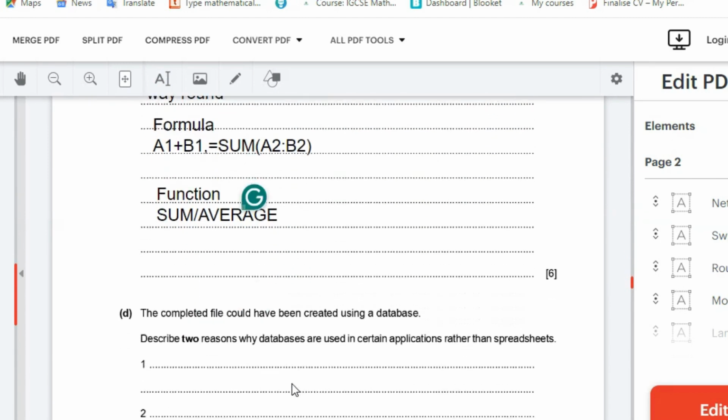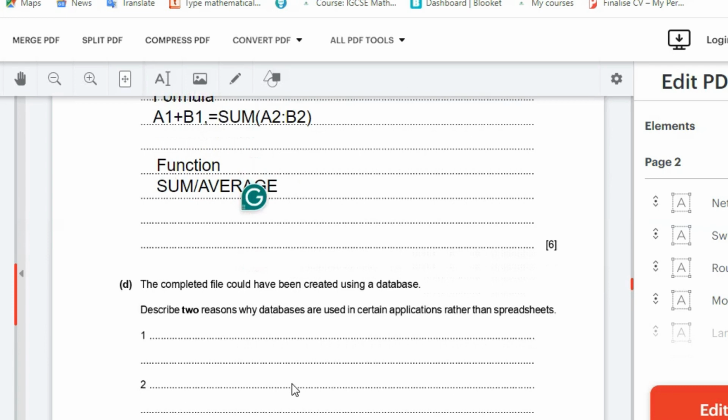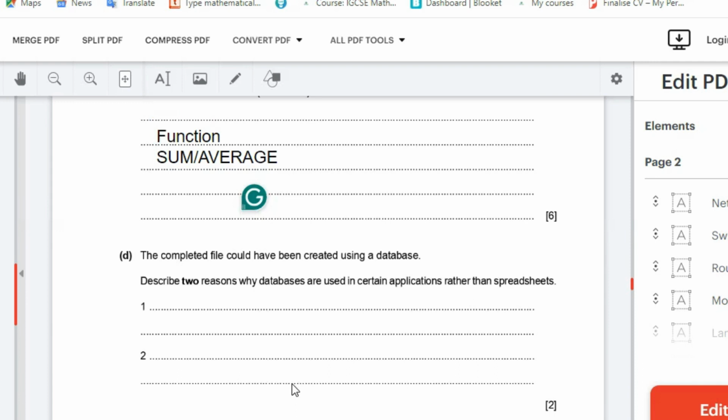D. The completed file could have been created using a database.